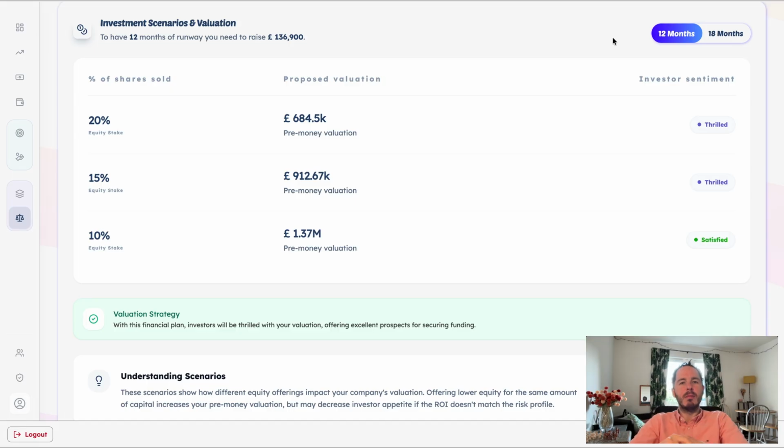This is one of the most powerful parts of this section because it shows you in plain terms that the less equity you offer, the higher the implied valuation, and the more skeptical investors are likely to be.